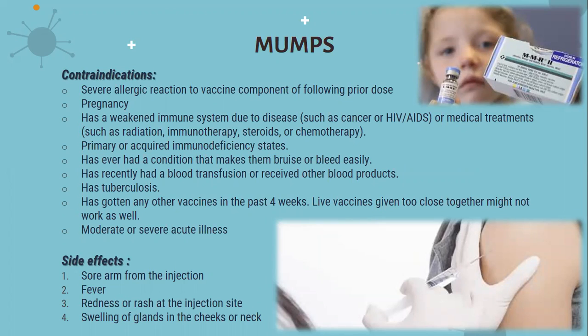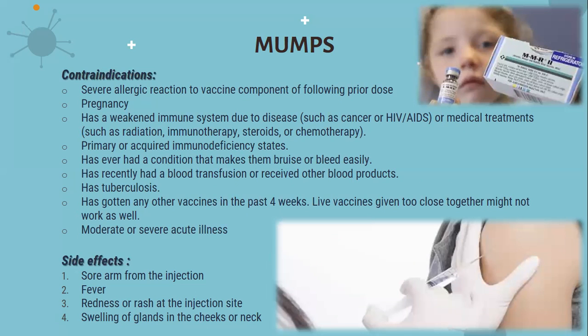Then, yung mga moderate or severe acute illness. So, kung yung person ay may headache, muscle pain, ganun, hindi rin sila pwedeng makakuha ng vaccine. Basta hindi sila pwedeng mabakunahan.